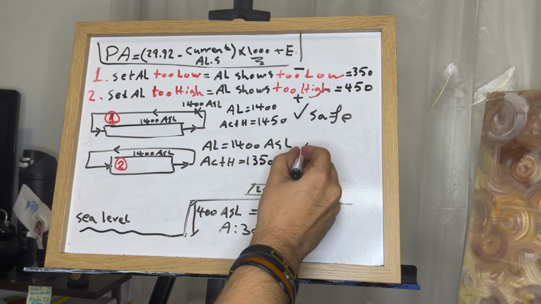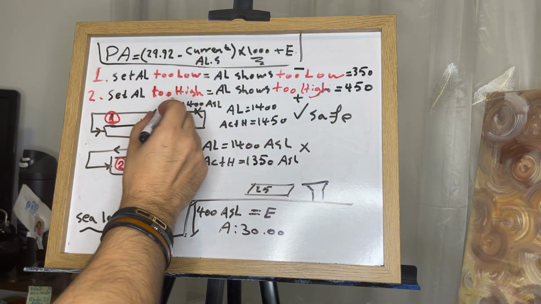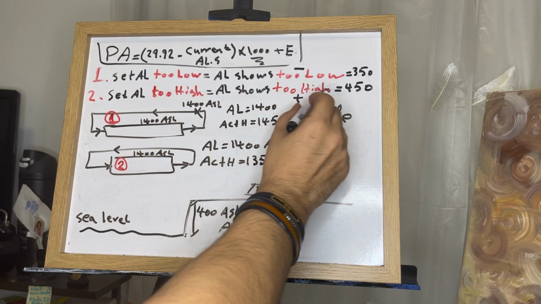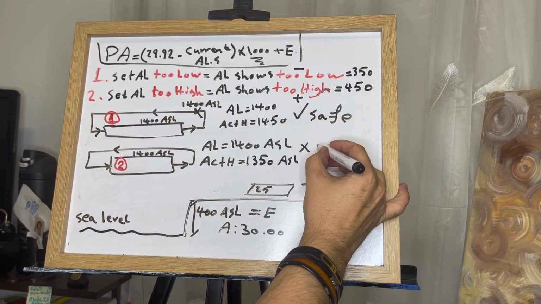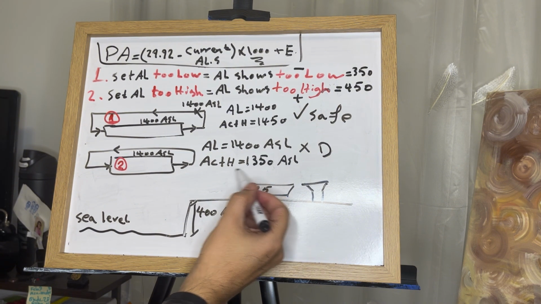But this scenario, when you accidentally set the altimeter too high, is dangerous because you are 50 feet lower than the altimeter indicator.